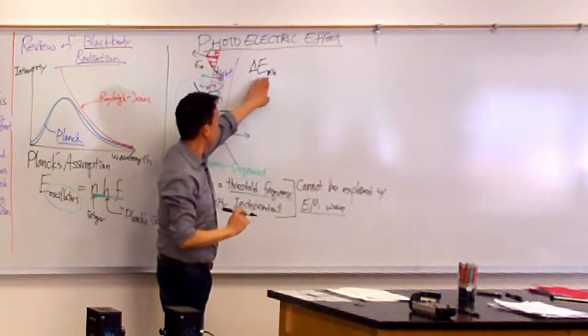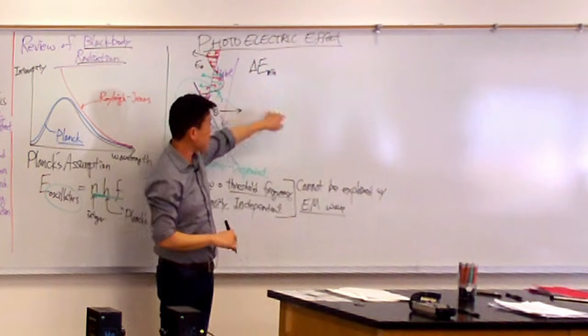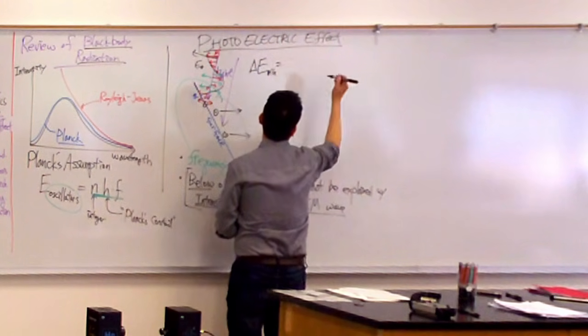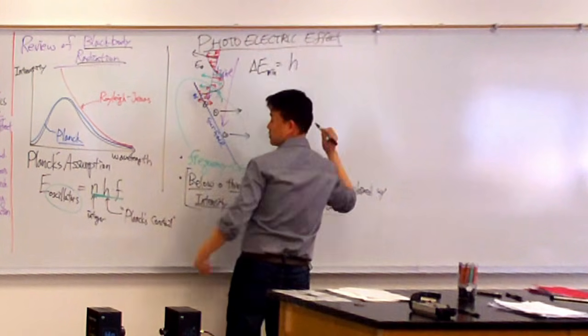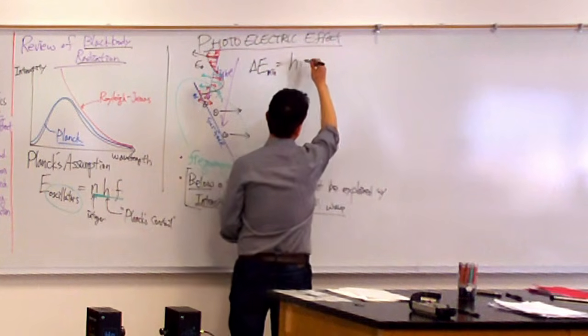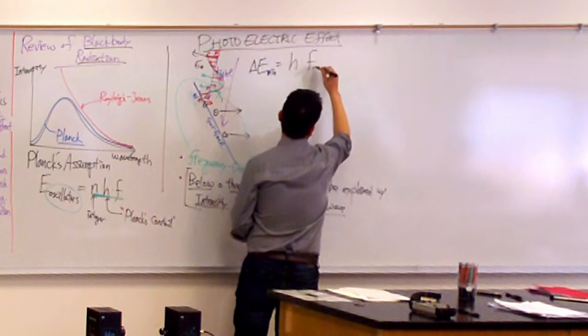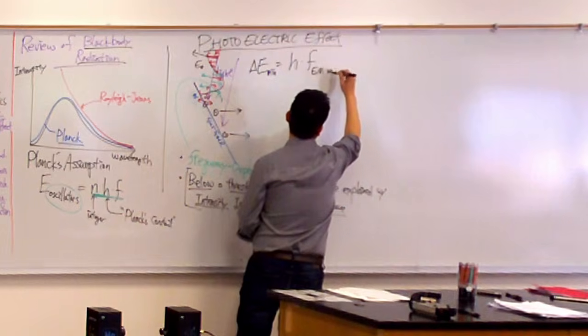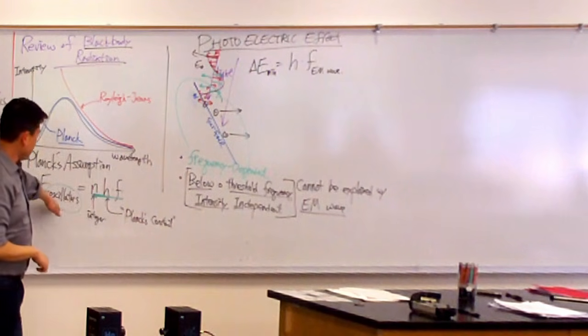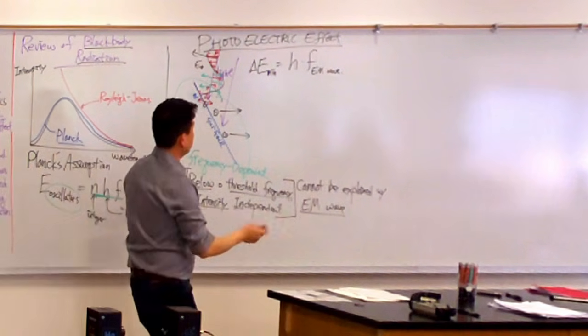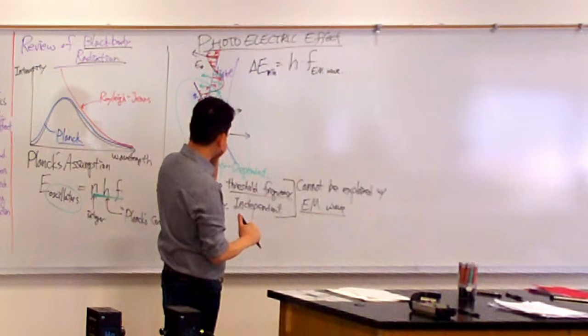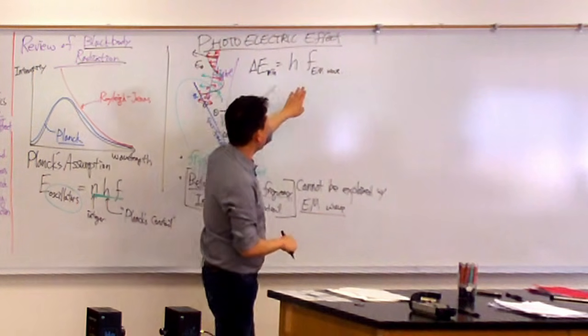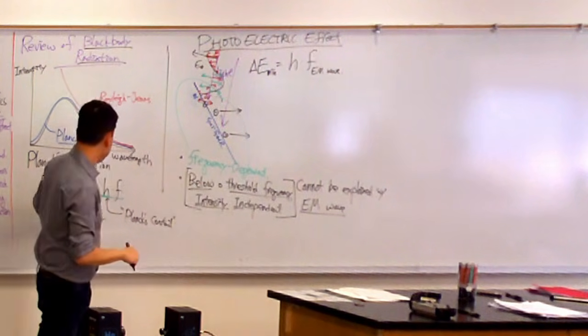And this minimum amount of energy that has to be transferred is equal to Planck's constant, which comes from here, times the frequency of the electromagnetic wave. So it's oddly similar to this.